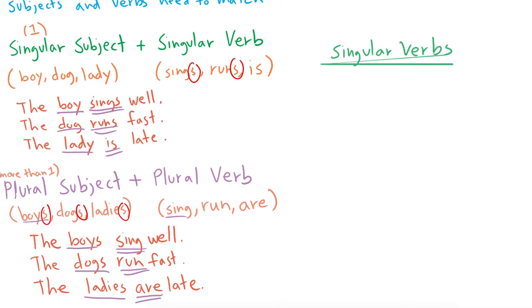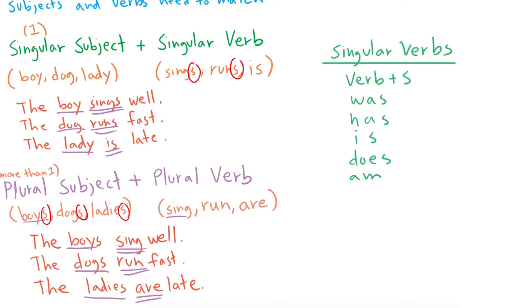We know that they're usually verbs with an S. Okay, sings, runs, those are singular verbs. So is the word was, has, is, does, and am. So these are all singular verbs, okay?